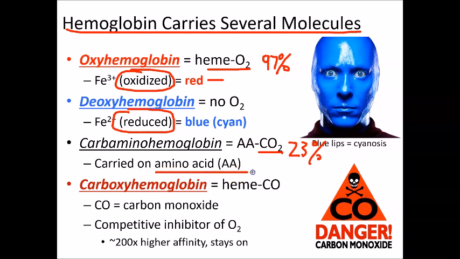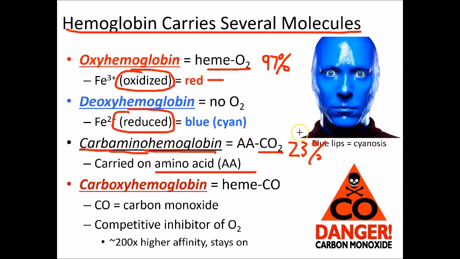It's actually carried on the amino acid. And that gives us a different name for it. The name for that is carb, which refers to CO2, amino, which means that the CO2 has been carried on the amino acid, not the heme, and then hemoglobin. So carbaminohemoglobin is what you call hemoglobin that's carrying CO2.